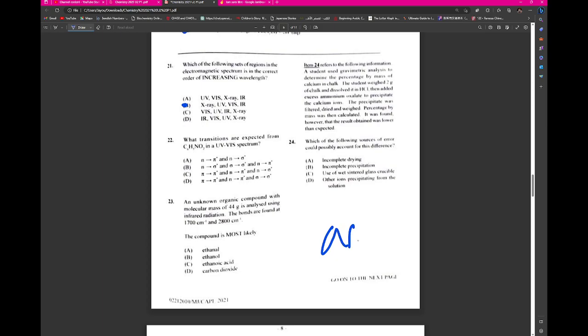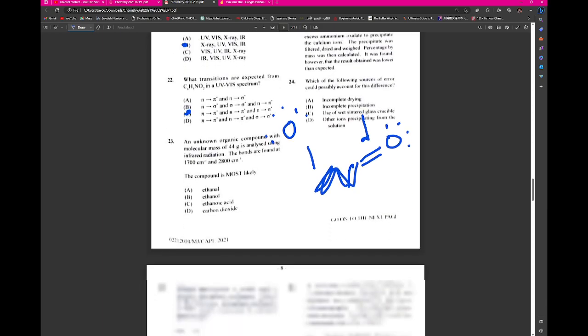Looking at the nitrogen and oxide here, there are lone pairs and a double bond, so it must be active in the UV-Vis spectrum. The UV-Vis spectrum will have pi to pi star, n to pi star, and n to sigma star. Alright, we have that there.